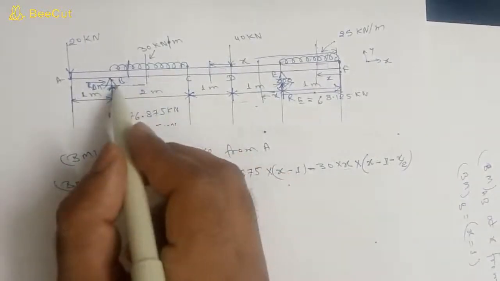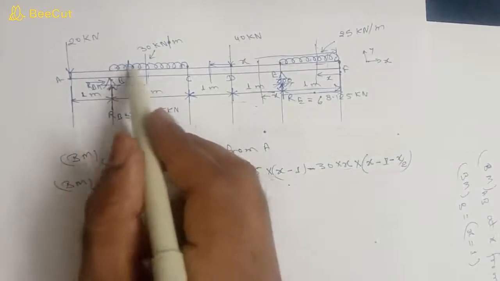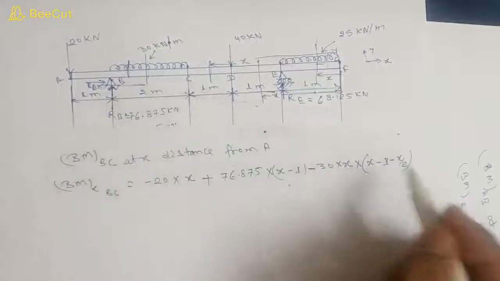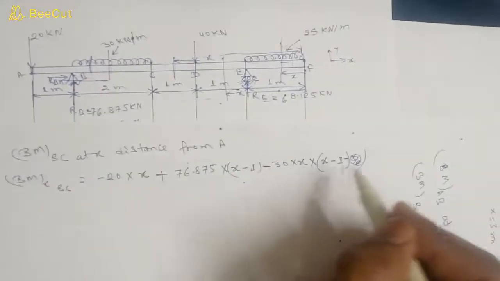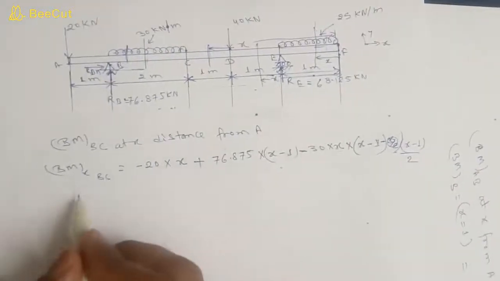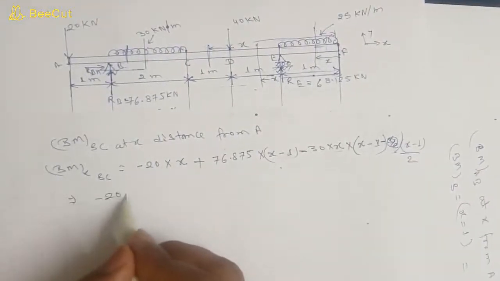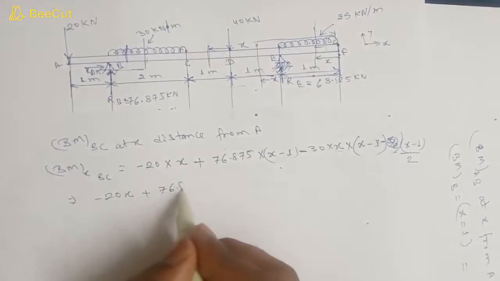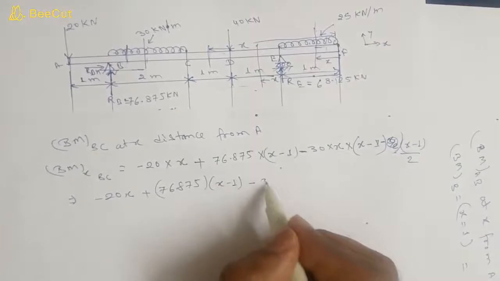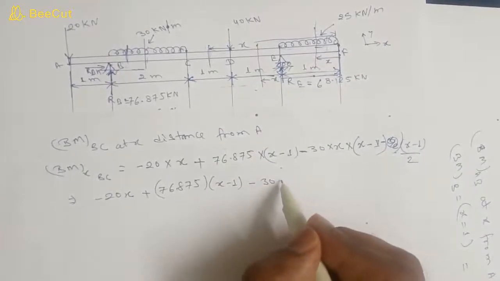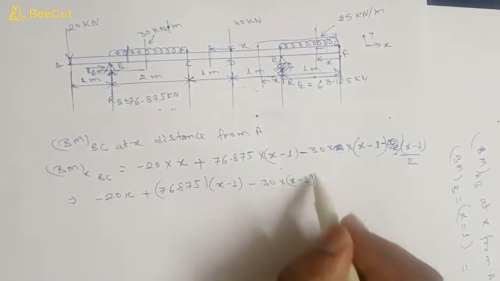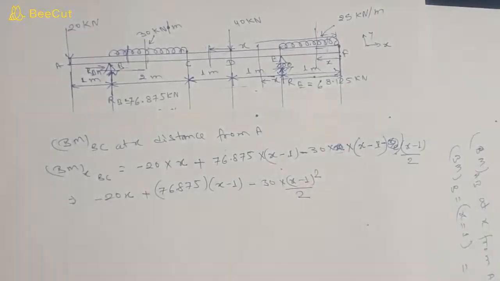So load into x minus 1 is total load into distance from this centroid to this section. So total bending moment will be minus 20x plus 76.875 into x minus 1 minus 30 into x minus 1 to the power 2 divided by 2.